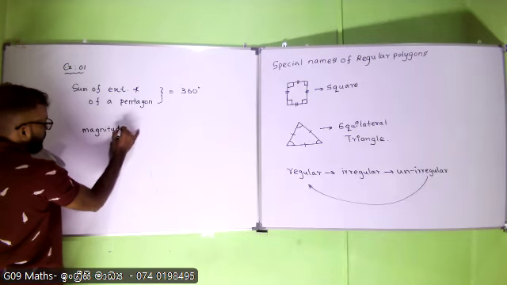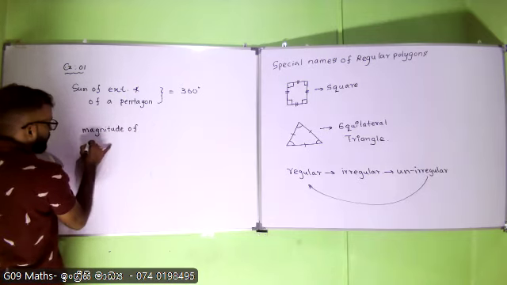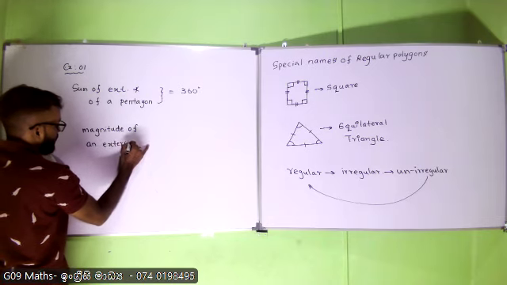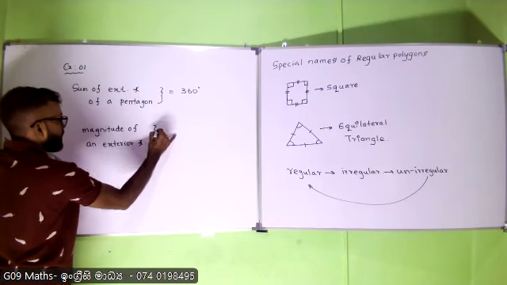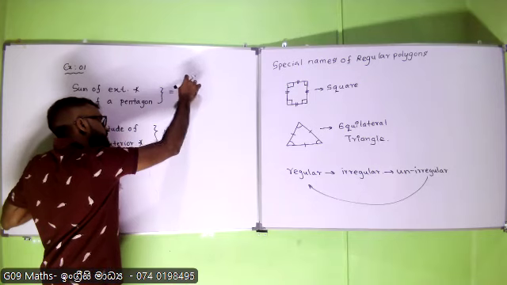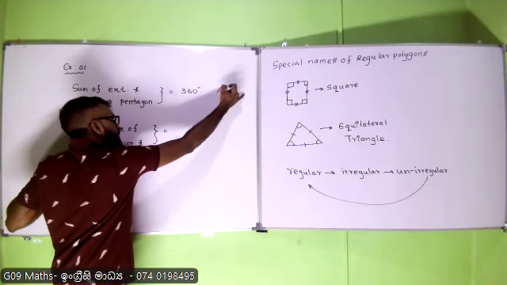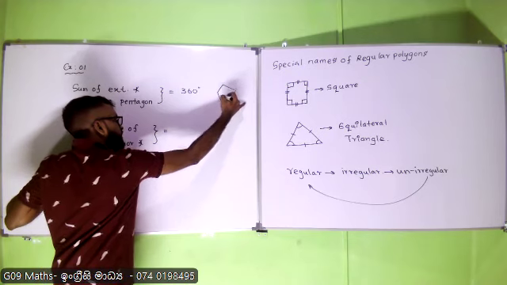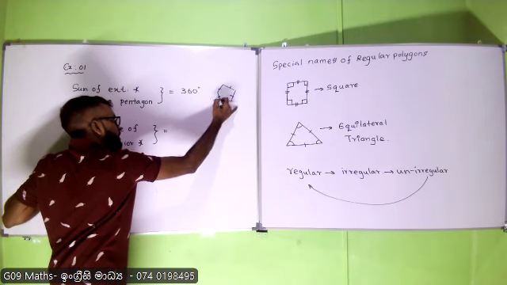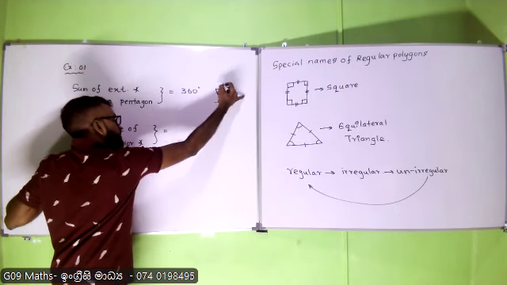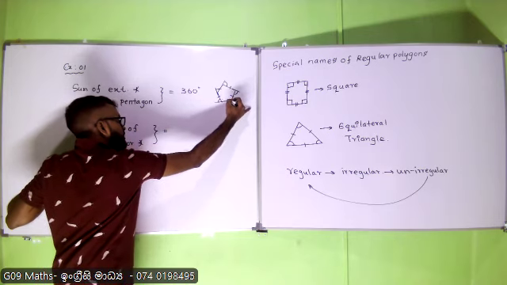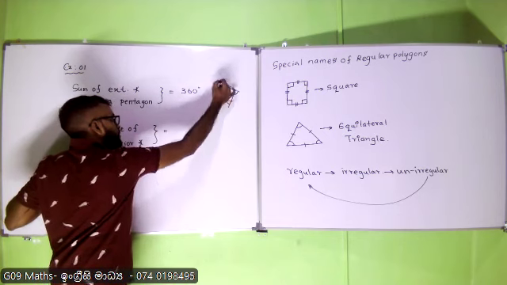For a regular pentagon there are equal sizes of exterior angles, 1, 2, 3, 4, 5.